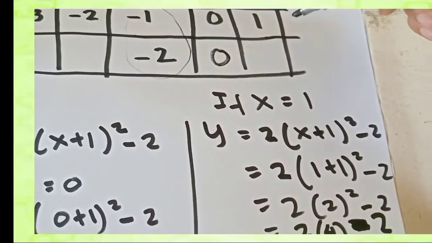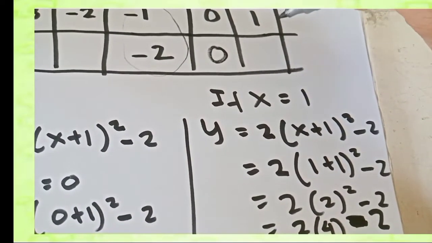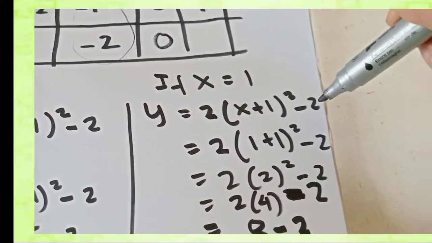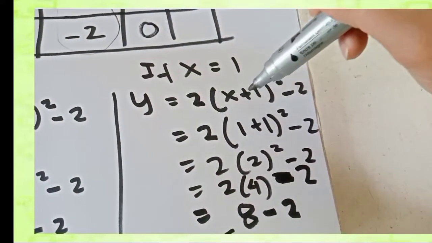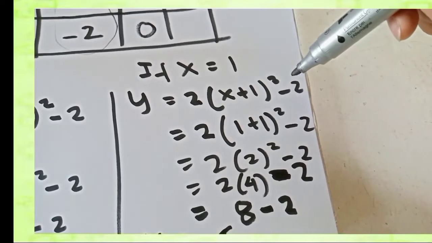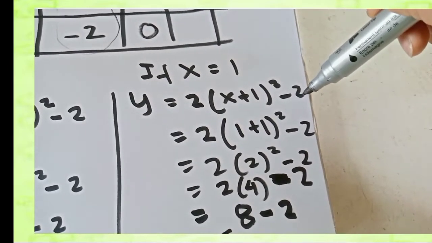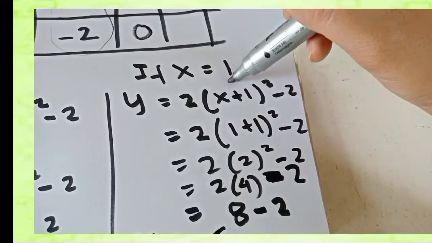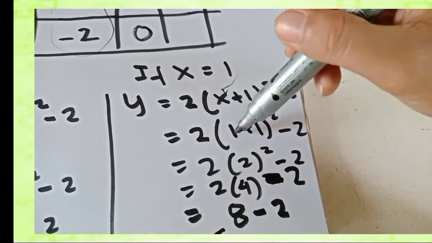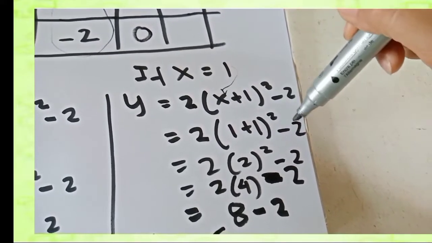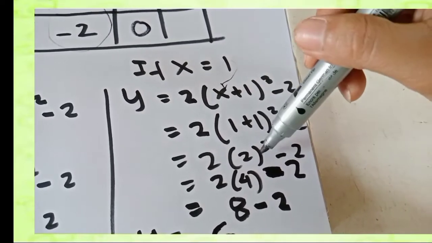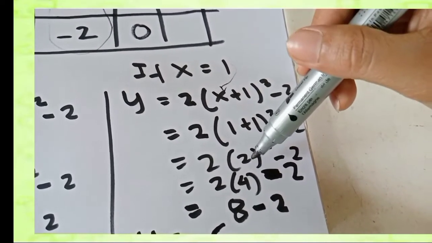What about kung ang x natin ay positive 1? So, copy the given equation. Y equals 2 times the quantity of x plus 1 raised to the power of 2 minus 2. Then, 2, then isubstitute natin dito ang 1 dito sa x. Maging 1 plus 1 na. 2 raised to the power of 2 minus 2. Then, 2, 1 plus 1, 2.